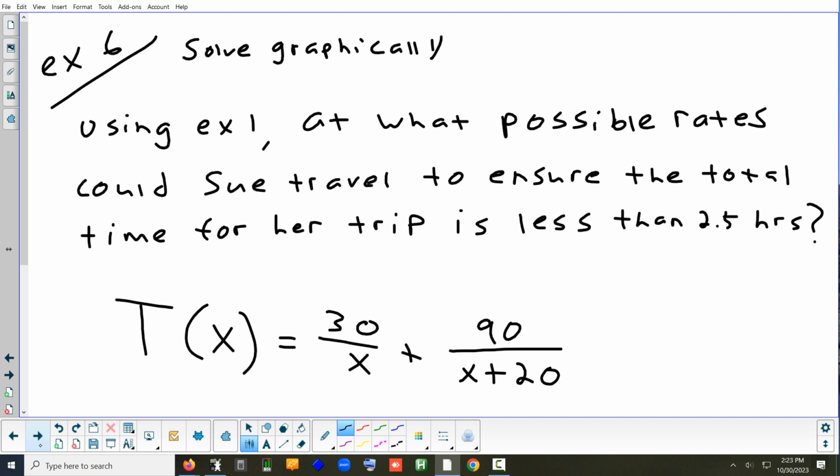It could be any number less than 2.5. Right. It's going to be any speed, but then there'll be other numbers, either less than that speed or more than that speed. It doesn't have to exactly be a speed. It just has to be less than 2.5 hours.